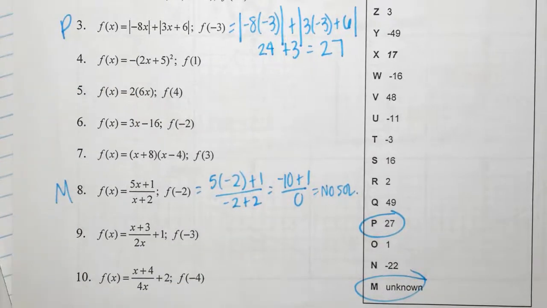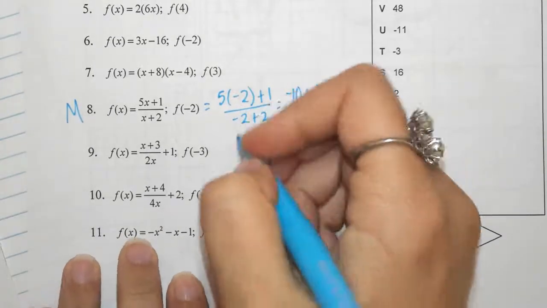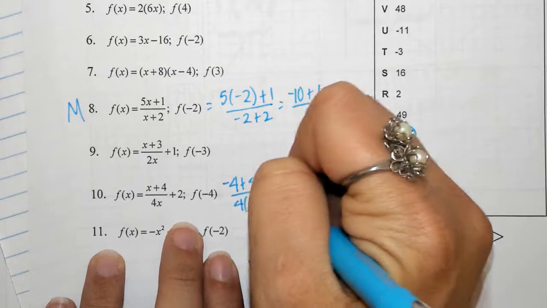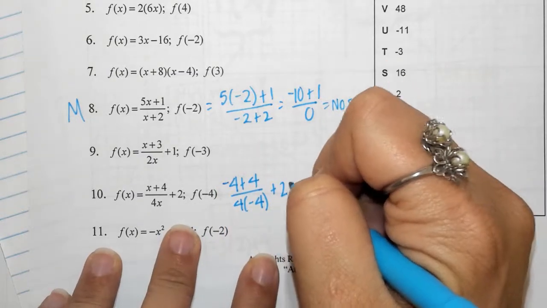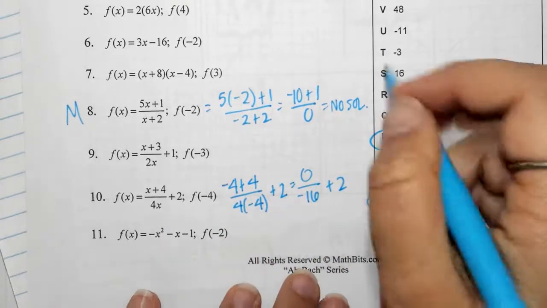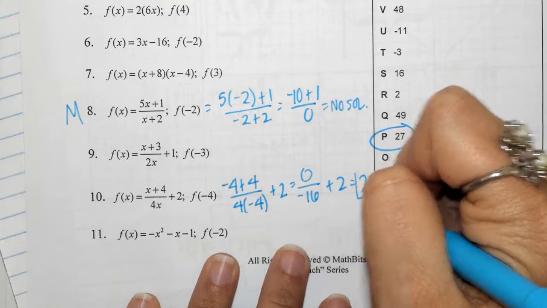So 8 is M. Any others? 10? Okay. So 10, you would do the same thing. Negative 4 plus 4 divided by 4 times negative 4 plus 2. This gives you 0 divided by negative 16 plus 2. 0 divided by negative 16 gives you 0. 0 plus 2 is 2.